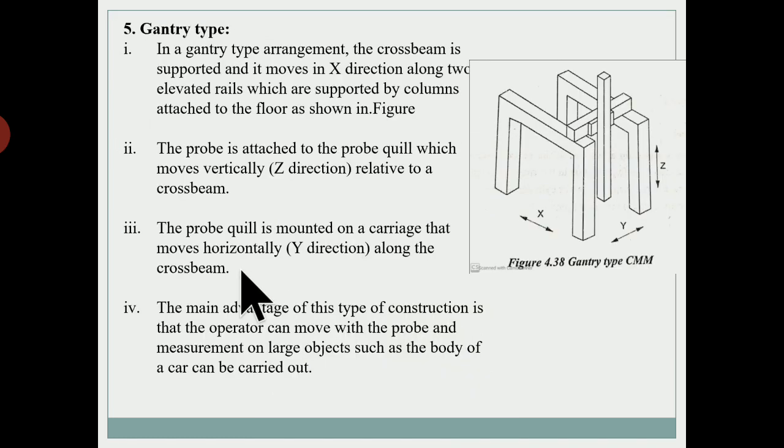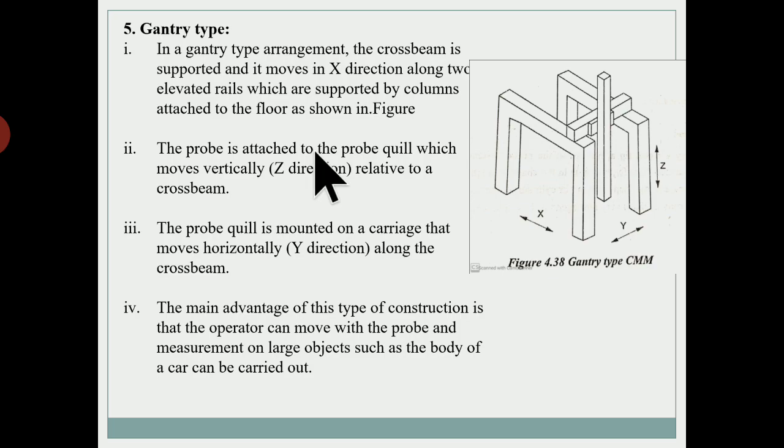Then the last type CMM, that is gantry type CMM. In gantry type arrangement, the cross beam is supported and it moves in X direction. This is the cross beam, along two elevated rails which are supported by columns attached to the floor as shown in figure.